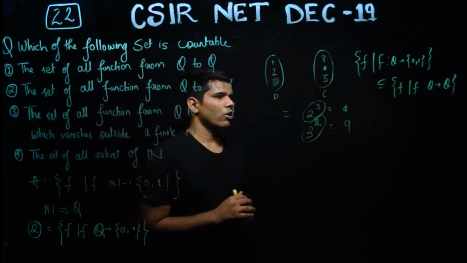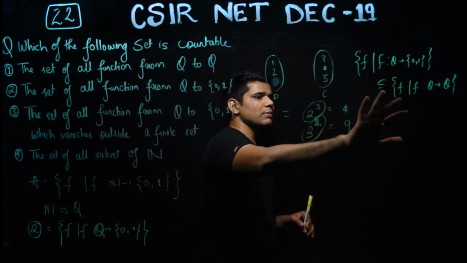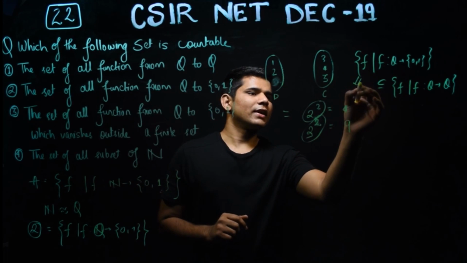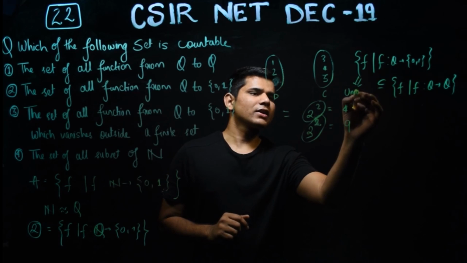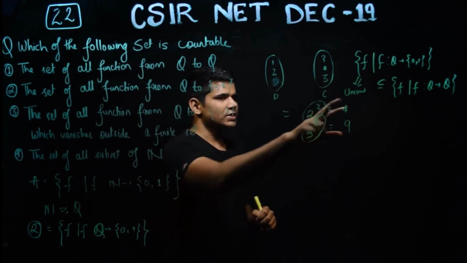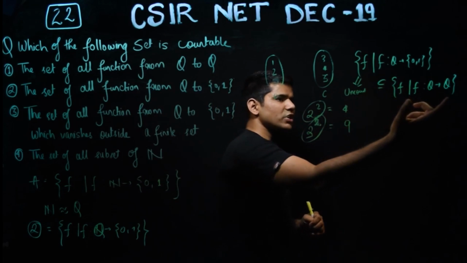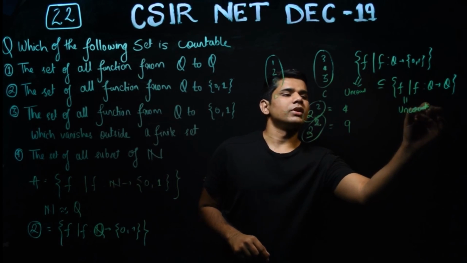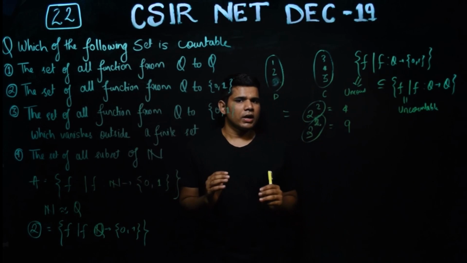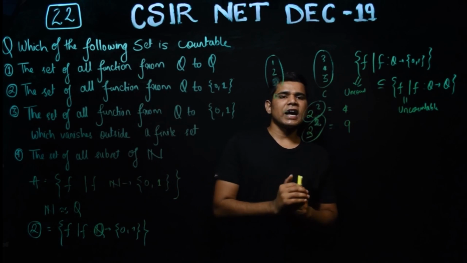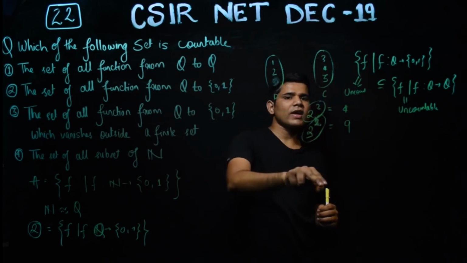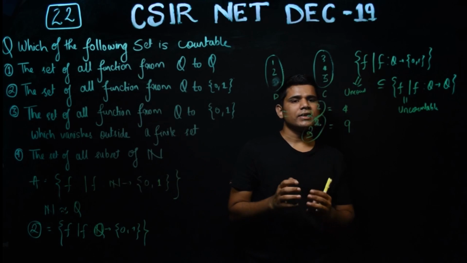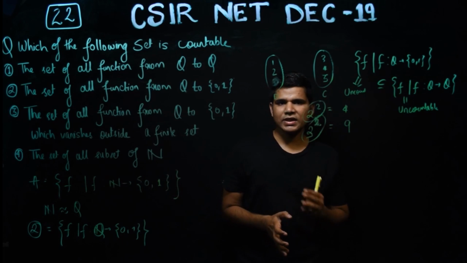You're getting my point or not? This set is actually a subset of this set. Now you have already proved that this left-hand side set is uncountable, right? Since it is a superset of this set, this will also be uncountable. My basic point is that if you add more elements to the codomain, then your number of functions will increase.